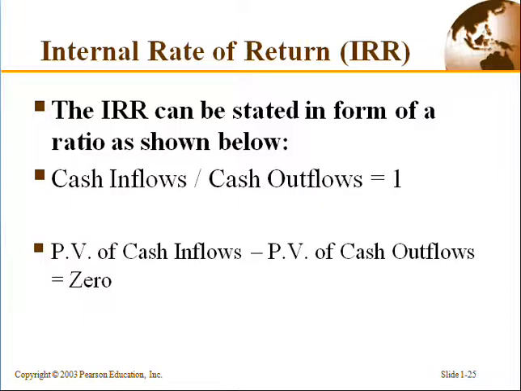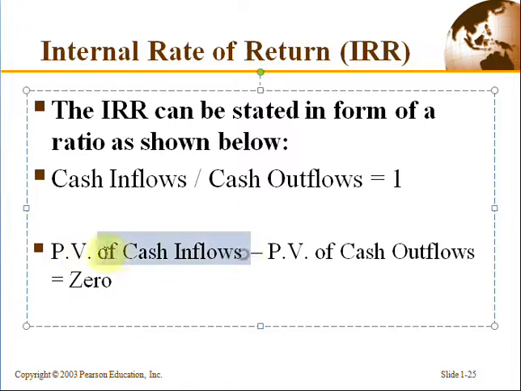Internal rate of return can be stated as shown below, where cash inflow is divided by cash outflow, and it gives you 1. So the present value of the cash inflow minus the present value of the cash outflow gives you 0. That's the rate that makes the present value of your cash inflow equal the money you have invested.